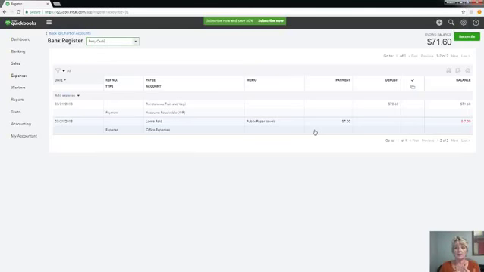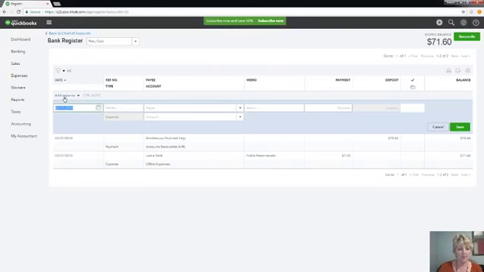Let's say, for instance, I decide to give the company a cash infusion of $100 just to have in a cash drawer so that my office manager can run to the store and pick up paper towels when we run out. The way we're going to manage that is, instead of adding an expense, let's add a deposit.